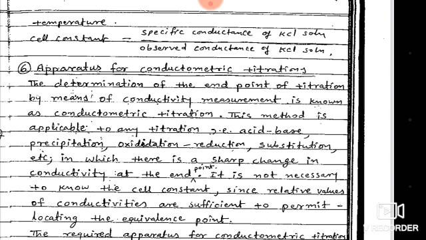This method is applicable to any titration, that is, acid-base titration, precipitation titration, oxidation-reduction titration, substitution, etc., in which there is a sharp change in the conductivity at the end point. It is not necessary to know the cell constant, since the relative values of the conductivities are sufficient to permit locating the equivalence point.